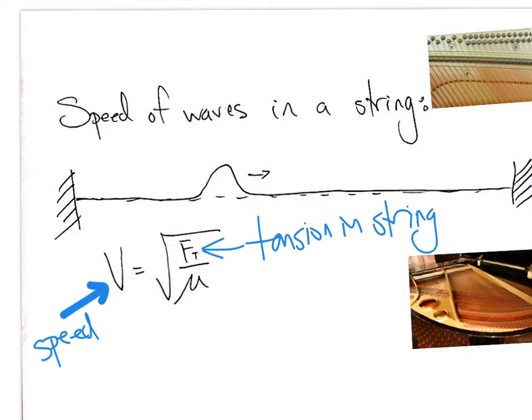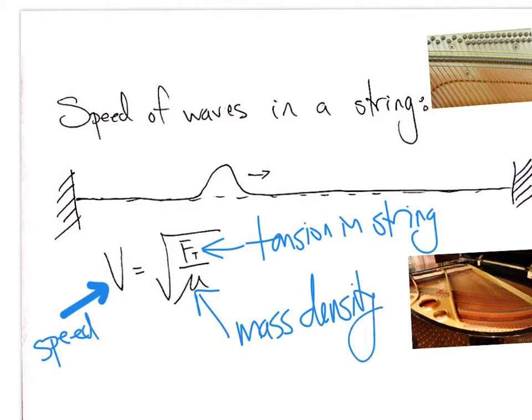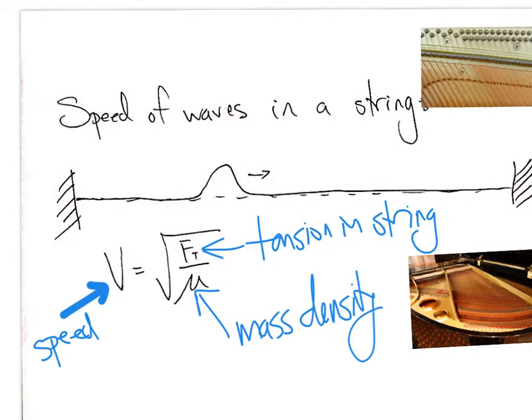And you can picture it in your mind, it goes dung, dung, dung, as you increase the tension. So when the tension increases, the speed increases. And then this down here is called the mass density. Mass density, meaning the heavier the string, the slower it's going to move.